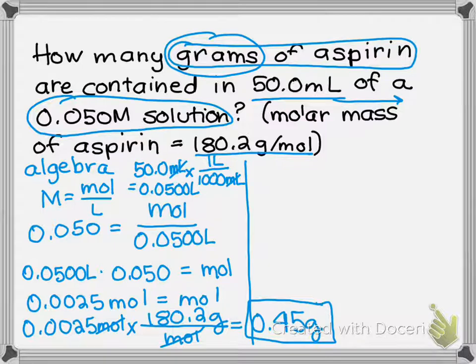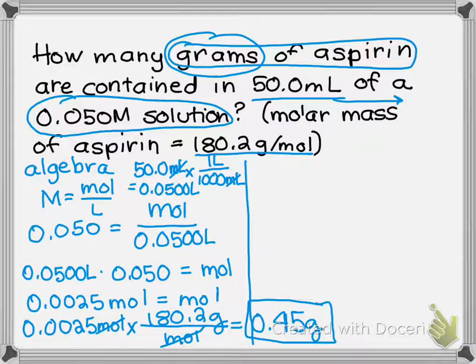So rereading the question, because sometimes we get so involved in the math we forget what we're trying to solve for. It says how many grams of aspirin are contained in 50 milliliters of a 0.05 molar solution. So there's 0.45 grams of aspirin in 50 milliliters of this solution.